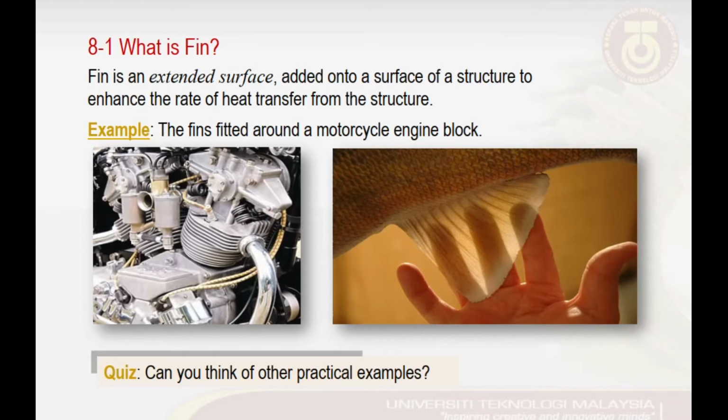The main purpose of the fin here is to further enhance the heat removal process from the body that is generating heat, by extending the surface of the main body which is exposed to the air or to the cooling fluids. That means the bigger the area exposed to the air, the more heat can be removed from the system.